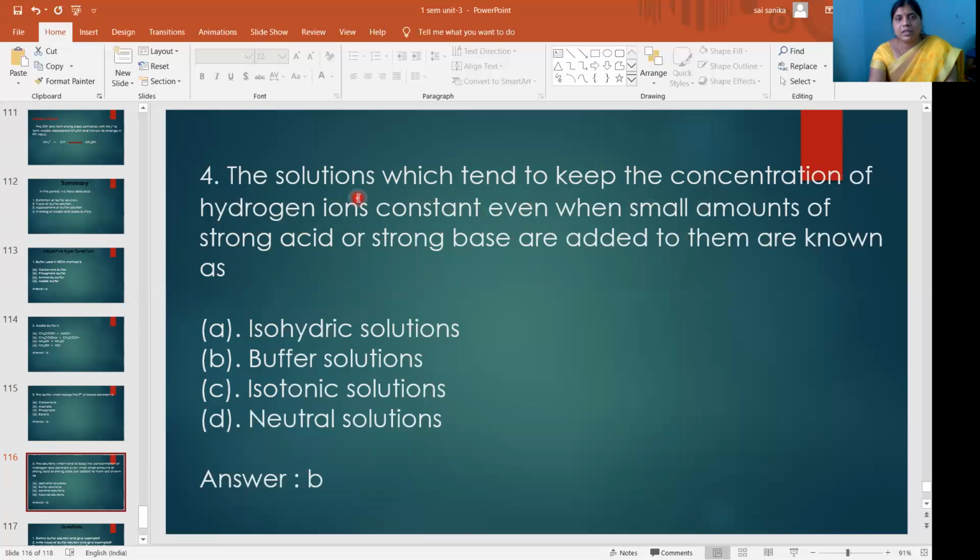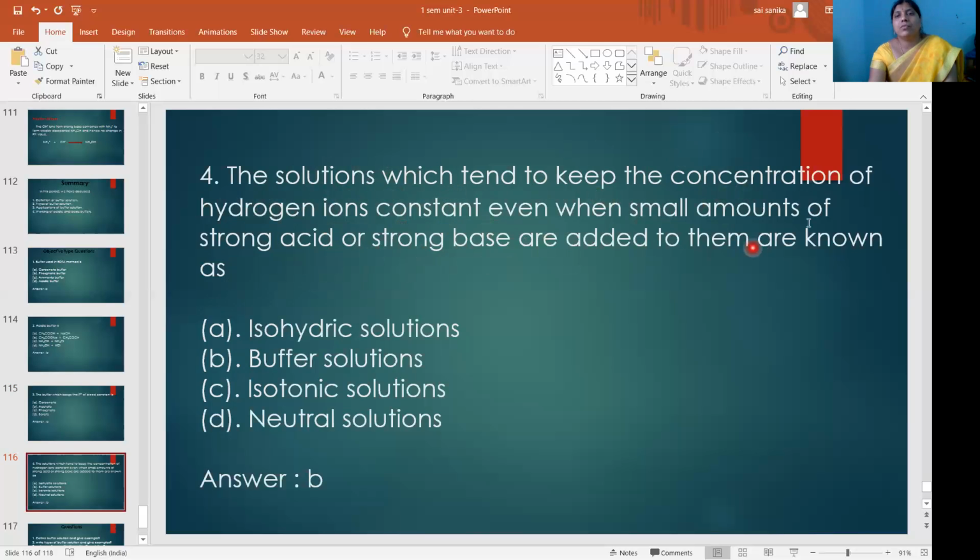What is the meaning of this? The solutions that maintain the concentration of hydrogen ions constant even when small amounts of strong acid or strong base are added. So when you add small amounts of strong acid or strong base to the solutions, the concentration of hydrogen will not change. It will remain as it is.